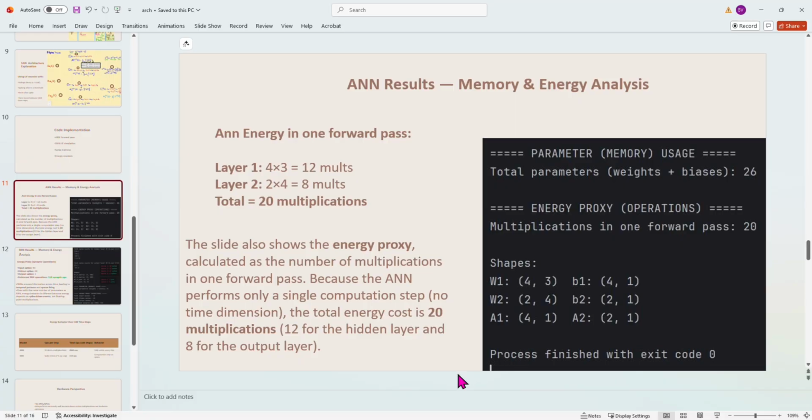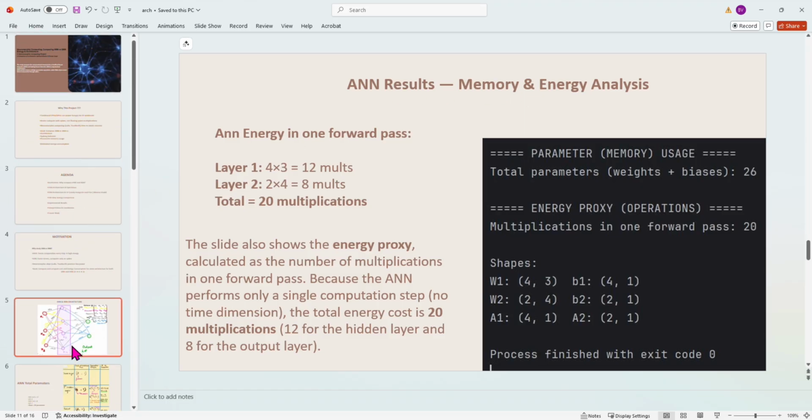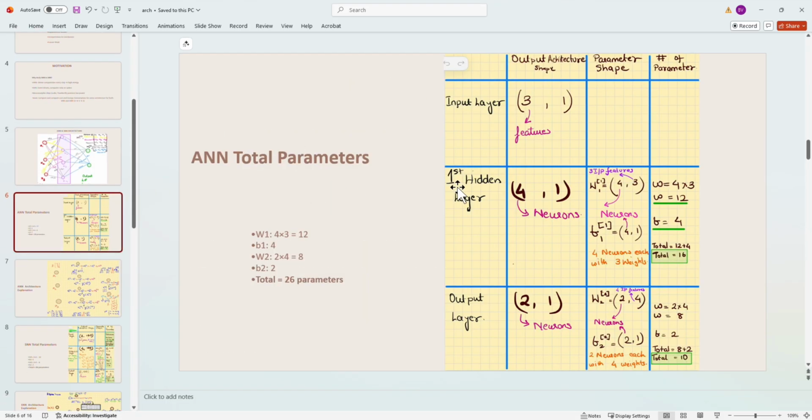So for our ANN result, memory and energy analysis. Layer 1 has 4 hidden neurons and 3 inputs, so in total we have 12 multiplications. I'll just show you the diagram again. 12 multiplications right here. And layer 2 has two neurons and four hidden activations.